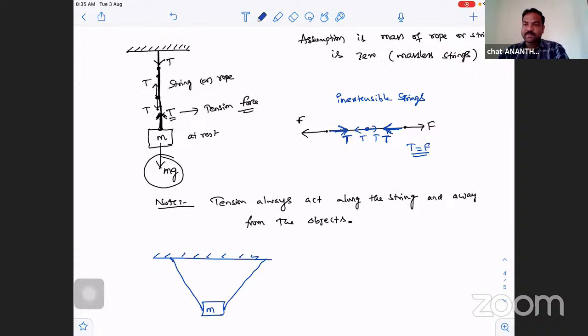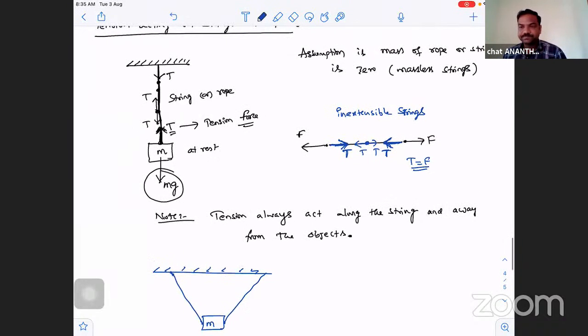You have to follow one statement: tension always acts along the string and away from the object. Okay, draw. I think you have to write down also.